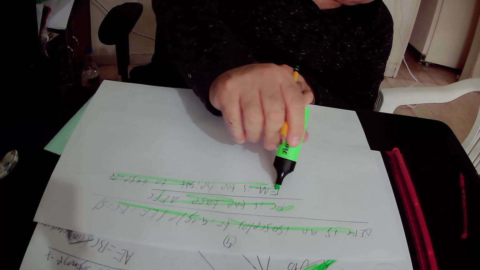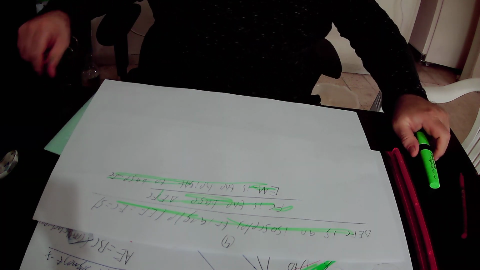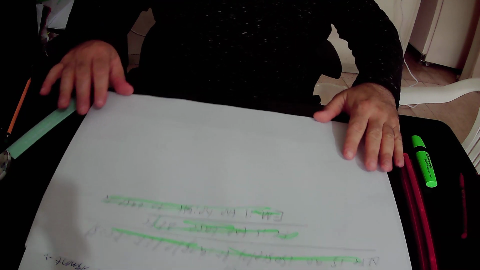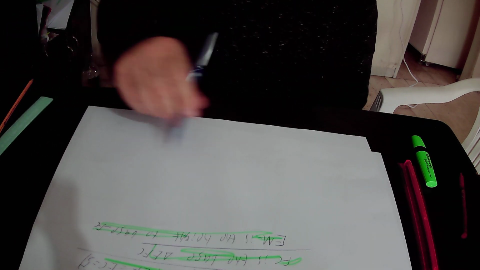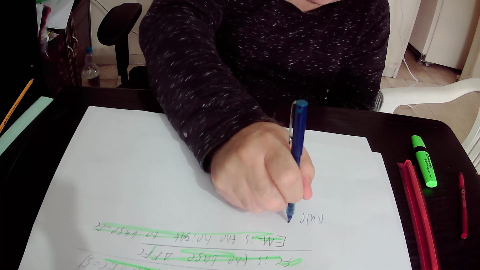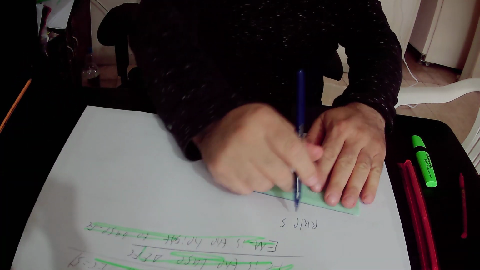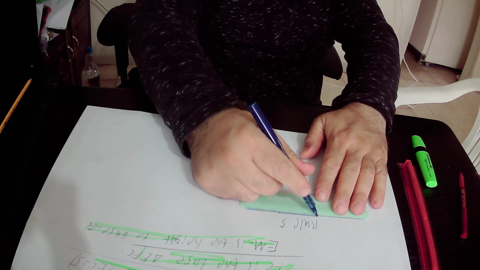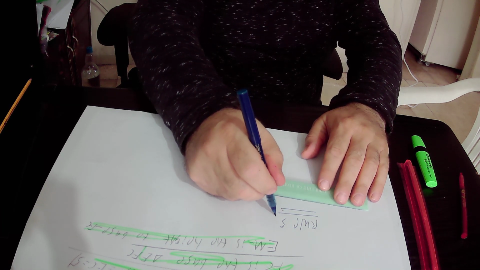In the next step, I will present to you a new rule, that is rule number 5. According to rule number 5, the height to the base in an isosceles triangle bisects the base. I'll write it down.